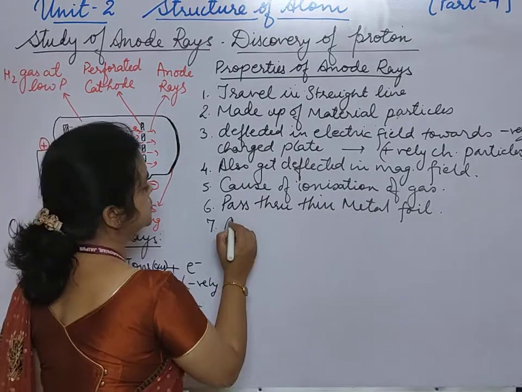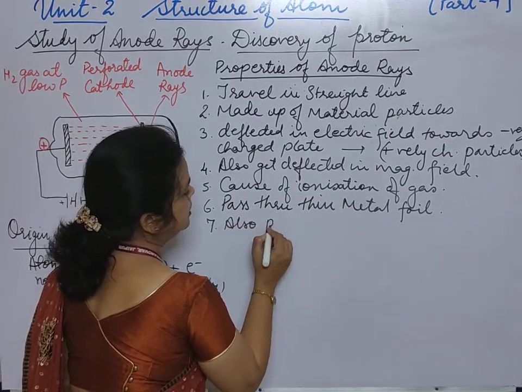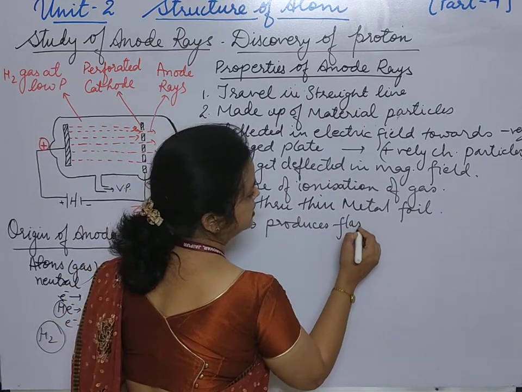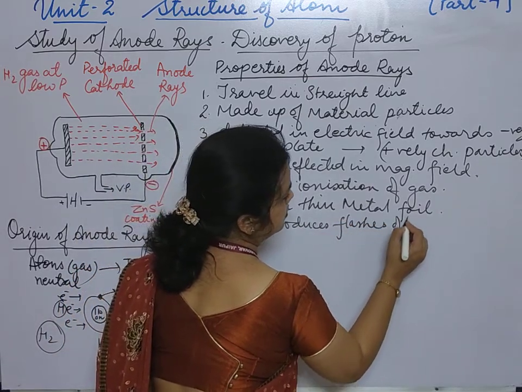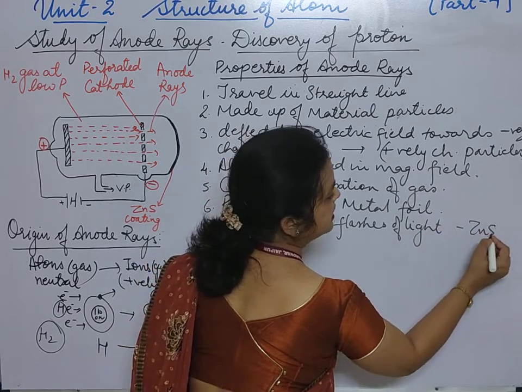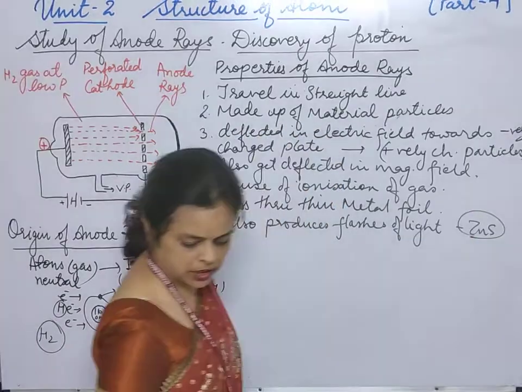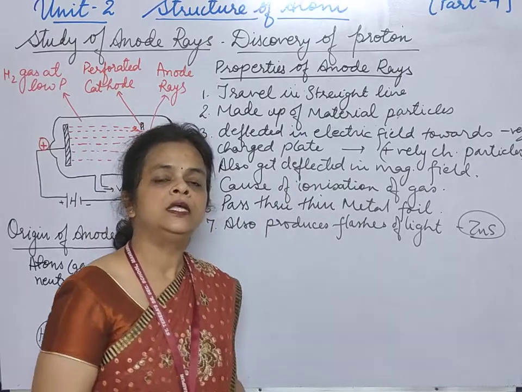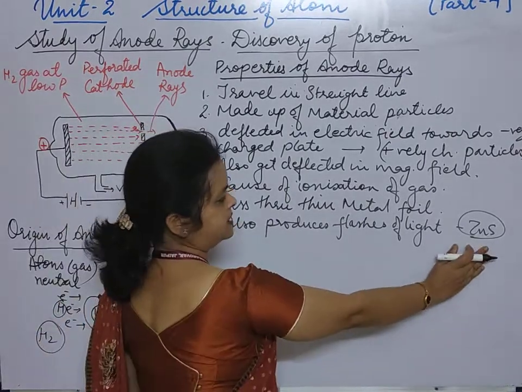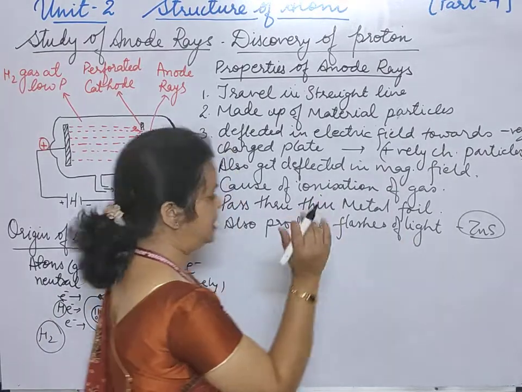They also produce flashes of light with a zinc sulfide screen. What is the specialty of the zinc sulfide screen, students? That it is a fluorescent substance. So when they strike a zinc sulfide screen, they produce flashes of light.